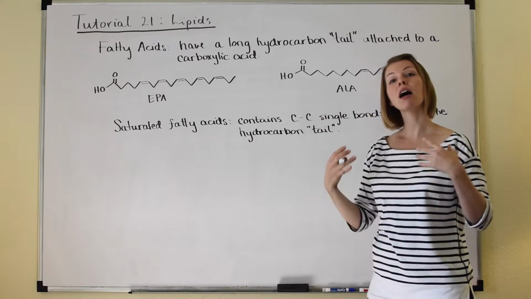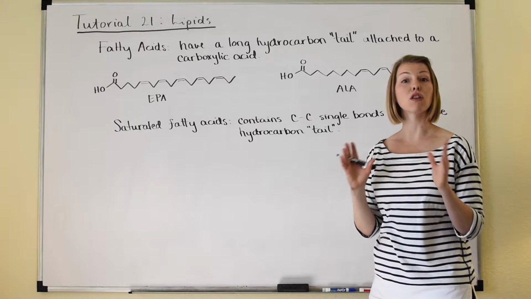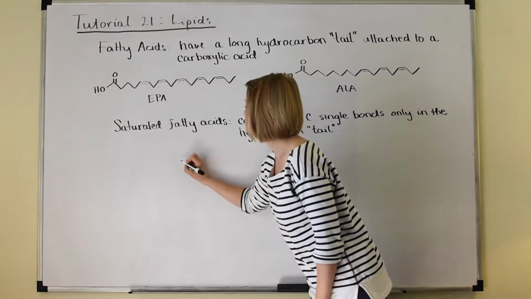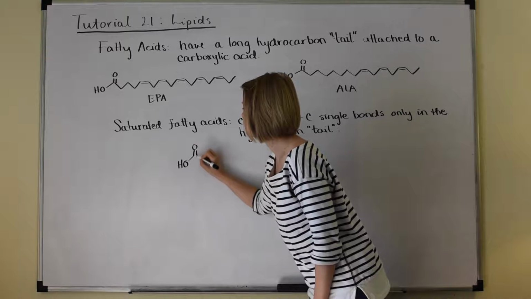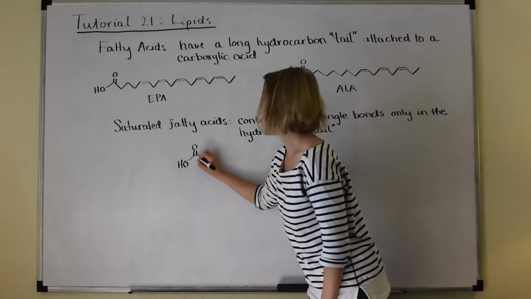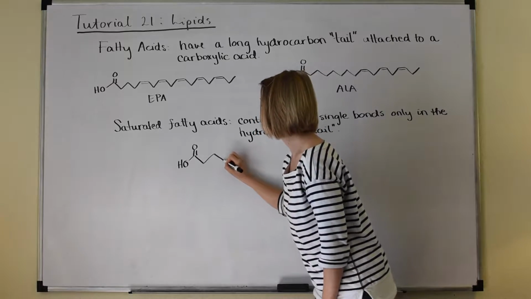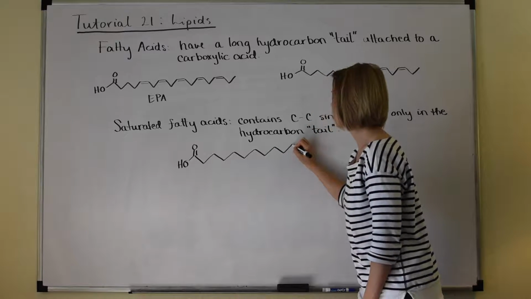So let's draw an example of a saturated fatty acid. The easiest one to draw is lauric acid because it's only got 12 carbons, nice and short there. So let's draw lauric acid. So we've got a carboxylic acid and then 12 carbons. So 1, the carbonyl counts as 1, 2, 3, 4, 5, 6, 7, 8, 9, 10, 11, 12.